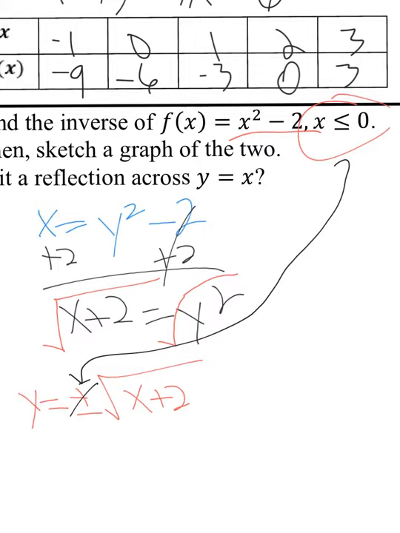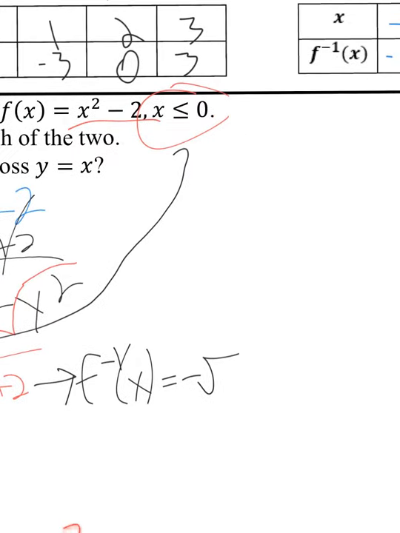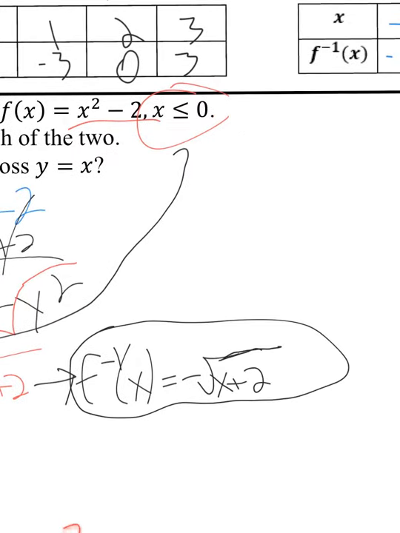So you're just going to write f inverse of x will equal the negative square root of x plus 2. So that is our inverse function, just the negative side, because this is less than or equal to 0 up here. If it said greater than or equal to 0, this would be a positive in front.